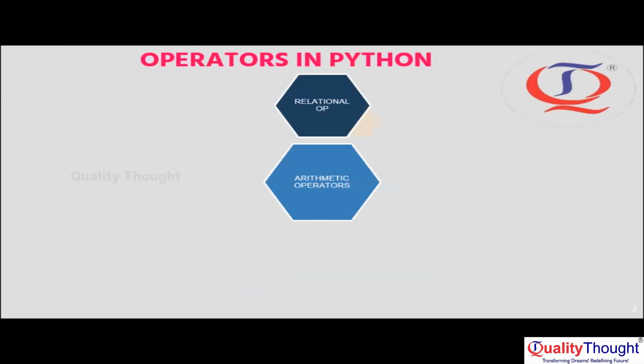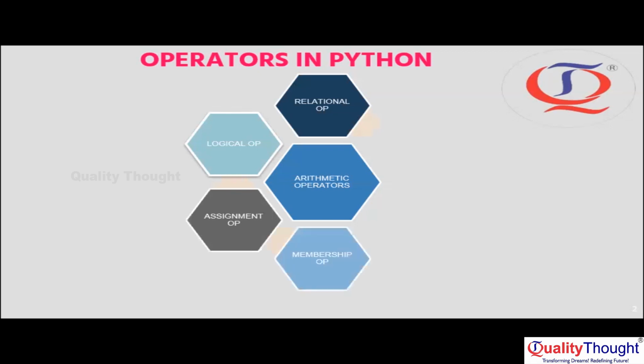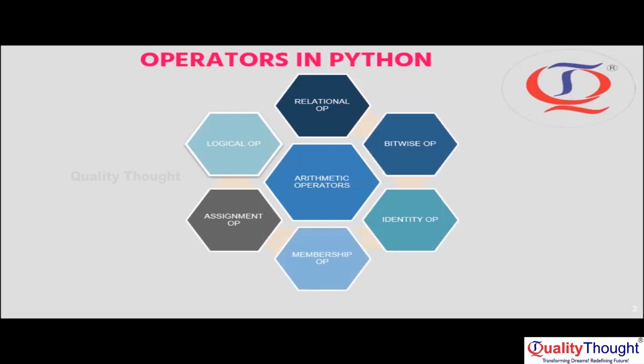So the operators are arithmetic operators, relational operators, logical operators, assignment operators, membership operators, identity operators, and finally bitwise operators. These are the 7 categories of operators we have in the programming language called Python.